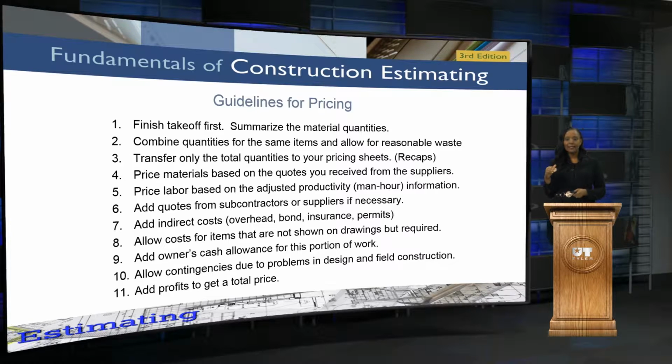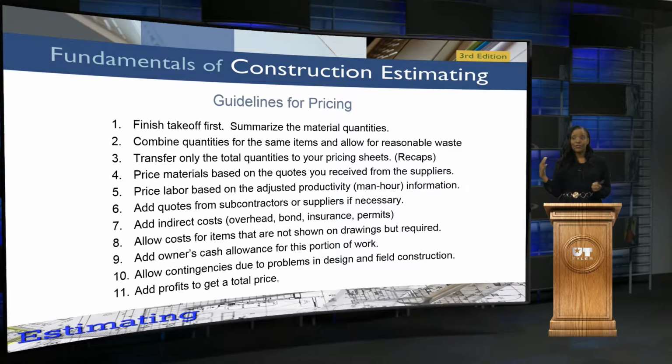Now, when you were in estimating 1, what you should have done was concentrate primarily on quantity takeoff, okay? And as you were going through, you probably summarized the material quantities as well.